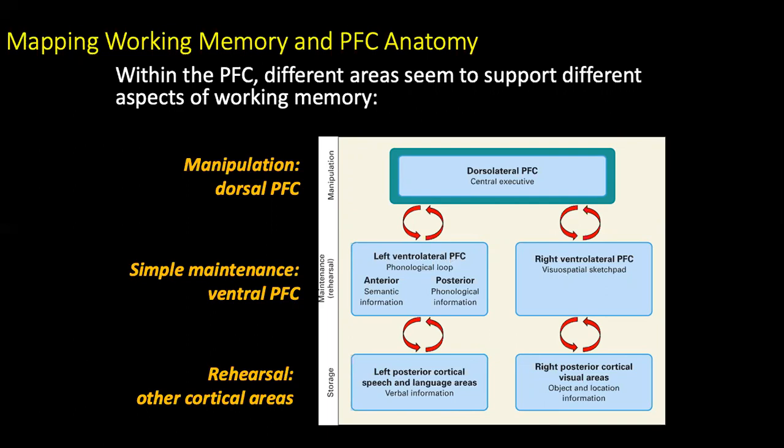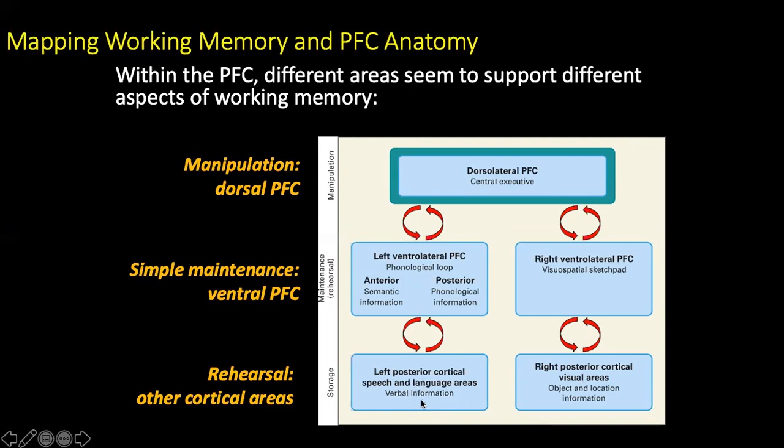And then in terms of other brain structures that are involved in the rehearsal of information, right, actually repeating and actively maintaining that information in your working memory, we bring in other brain structures as well. So for the phonological loop, we find that it's talking a lot with more posterior language areas of the parietal and temporal lobes, for example. If you took neuropsych of language, you know what I'm talking about, right?